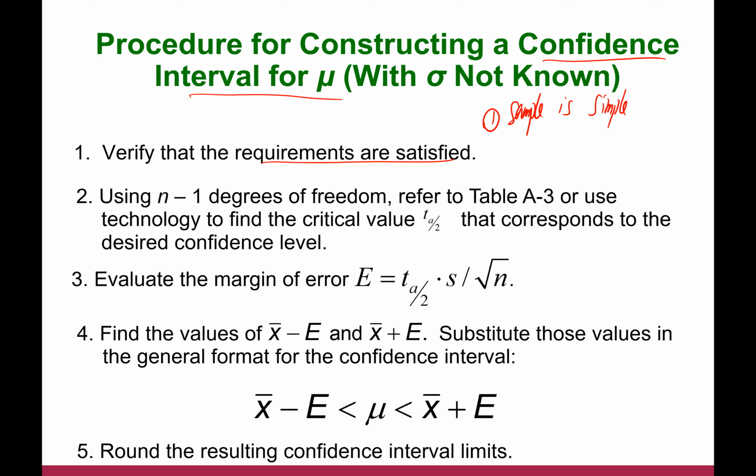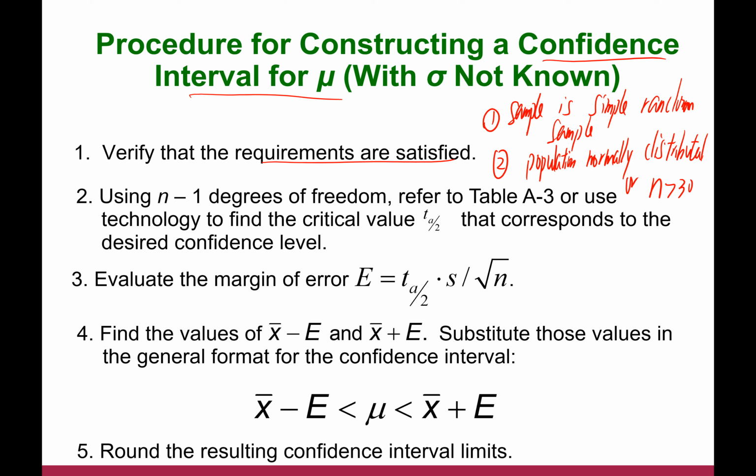Also, either the population is normally distributed or the sample size is bigger than 30.